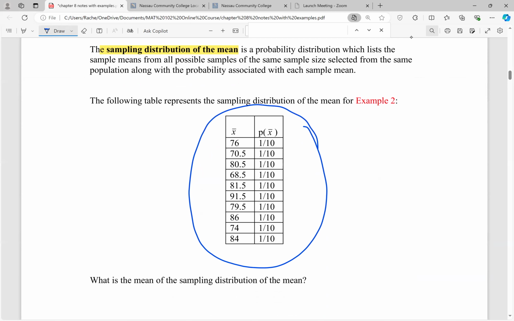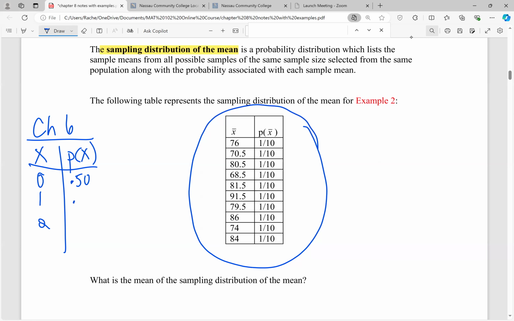because remember, a probability distribution lists all the data values along with their associated probability. So remember in chapter 6, when we were talking about discrete random variables, we had these discrete probability distributions where we would list the values of X, right? And we would put the probabilities, and it had to satisfy certain criteria in order to be a probability distribution.